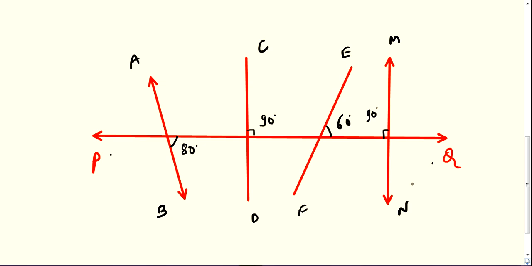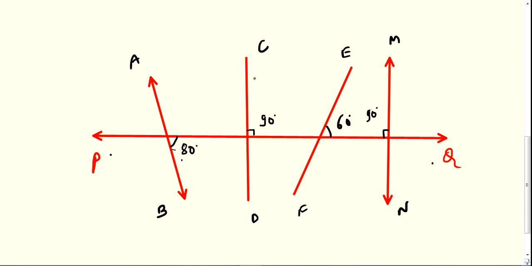Simply, if you have a 90 degree angle with line PQ, then the given line will be perpendicular. First, in line AB, you have an 80 degree angle, which is not 90 degrees. So line AB will not be perpendicular to line PQ.